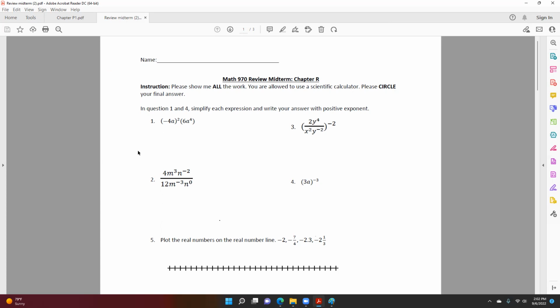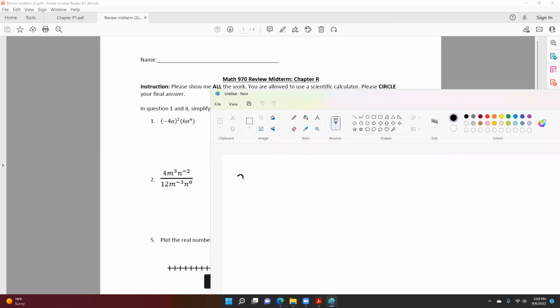Anyone needs help for the first 4 questions? Could you just do number 2 to make sure that I got it right? Because my end answer was 48m to the 3rd power over n to the 2nd power. I just wanted to make sure I did it right.